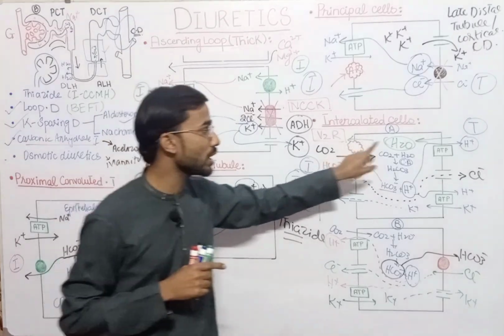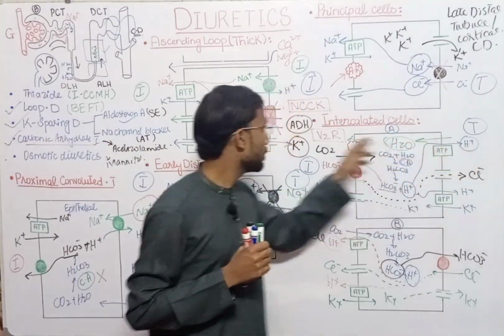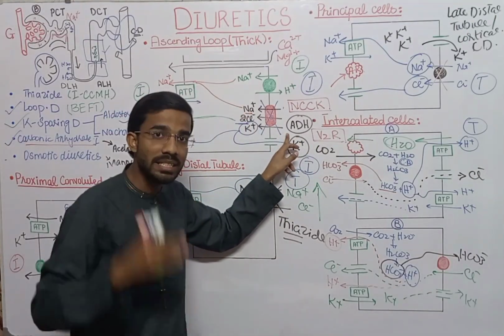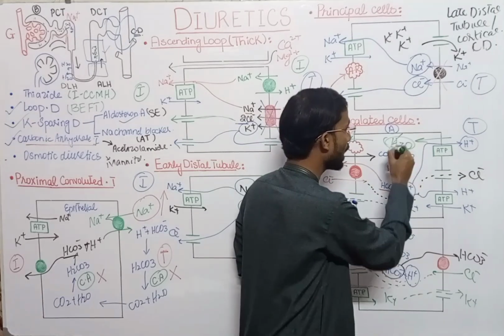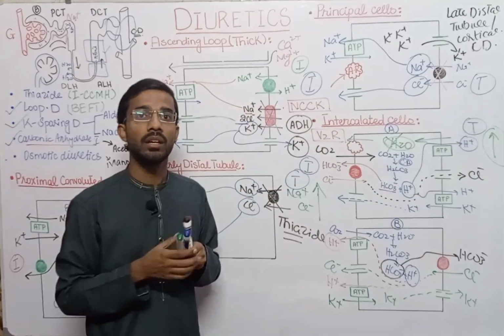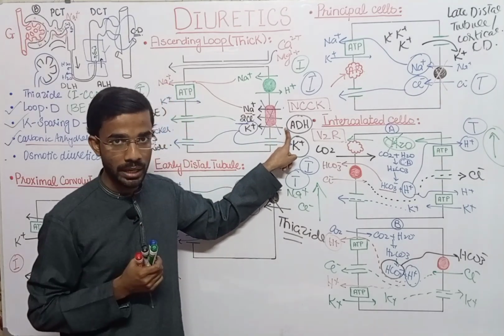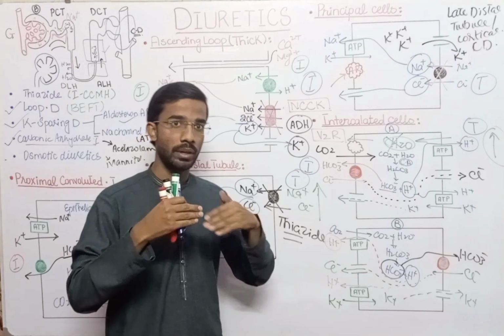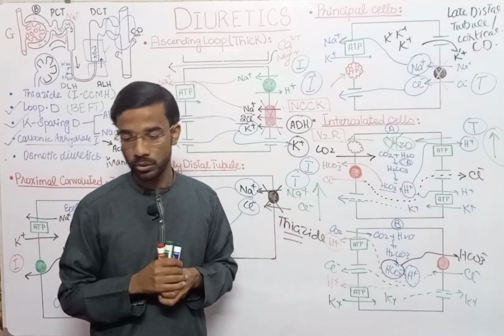So in that situation, the overall volume of the urine will decrease. But if there is a decrease in antidiuretic hormone, then the absorption will be blocked and we will see an increment in the volume of the urine. So antidiuretic hormone has an important effect in the increase and decrease of the volume of the urine.